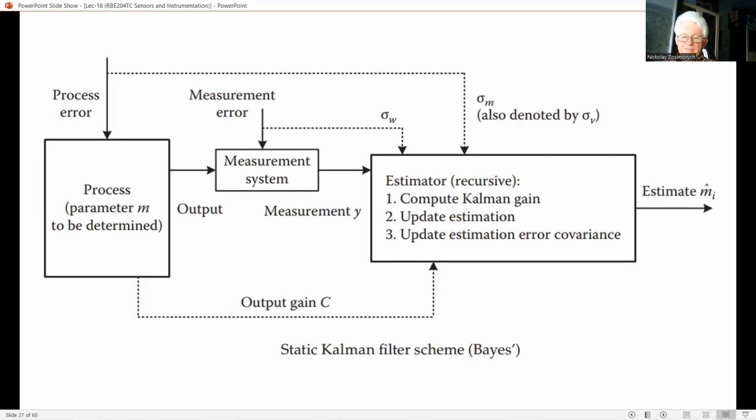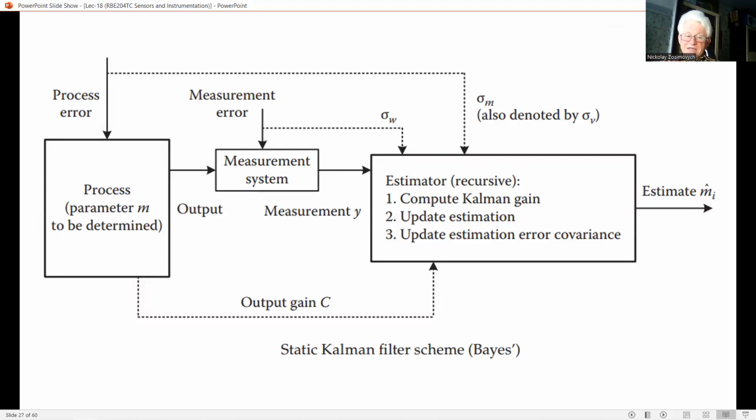It is seen that K sub I is simply the scaling factor between the measurement and the measured quantity, in our case 1 over C, weighted by K sub I.